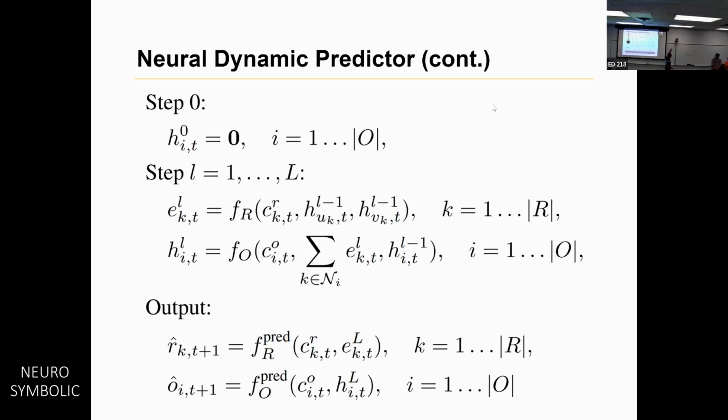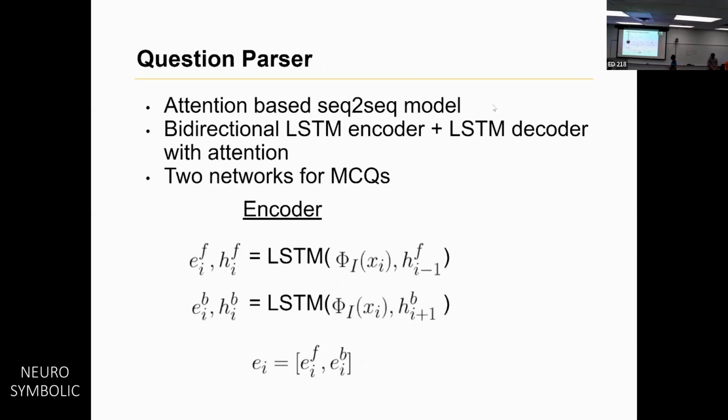There is no point where we are changing the object. They are just doing it at the latent representation in the graph. So the C doesn't depend on L. And at the end, at L equals capital L, you will reach the point where you use the decoder to get back from this latent representation to the original state. So that is basically how the dynamics predictor works.